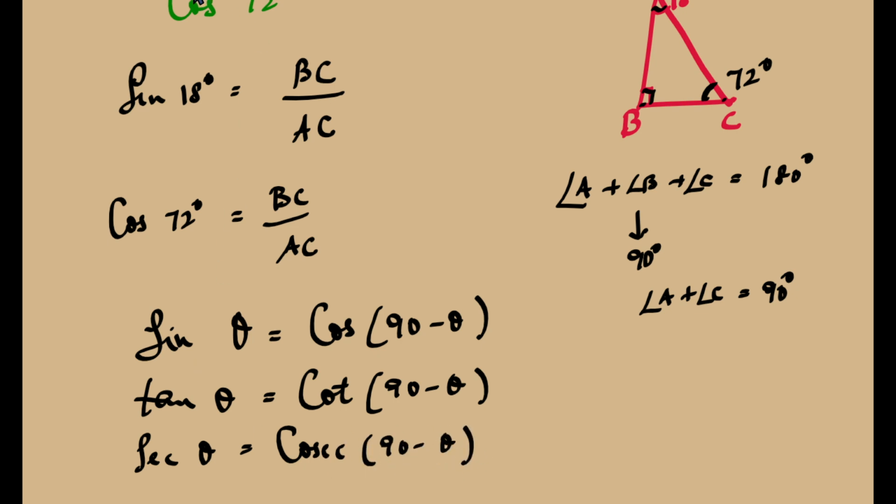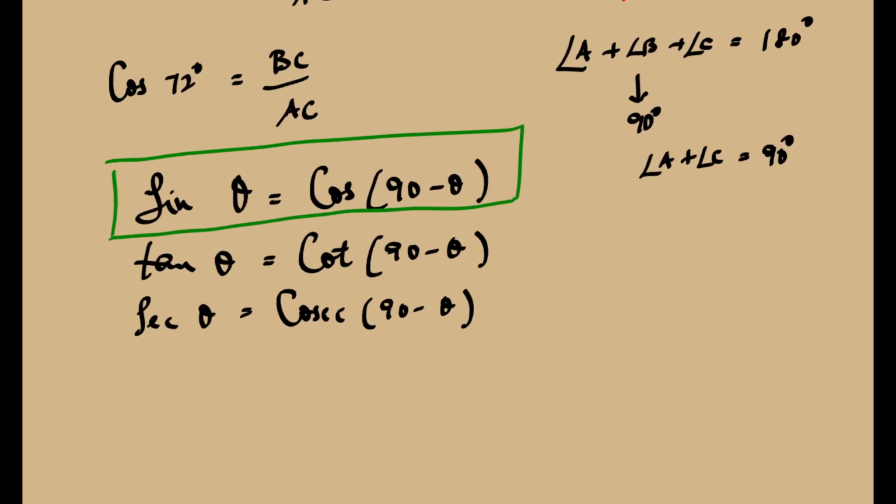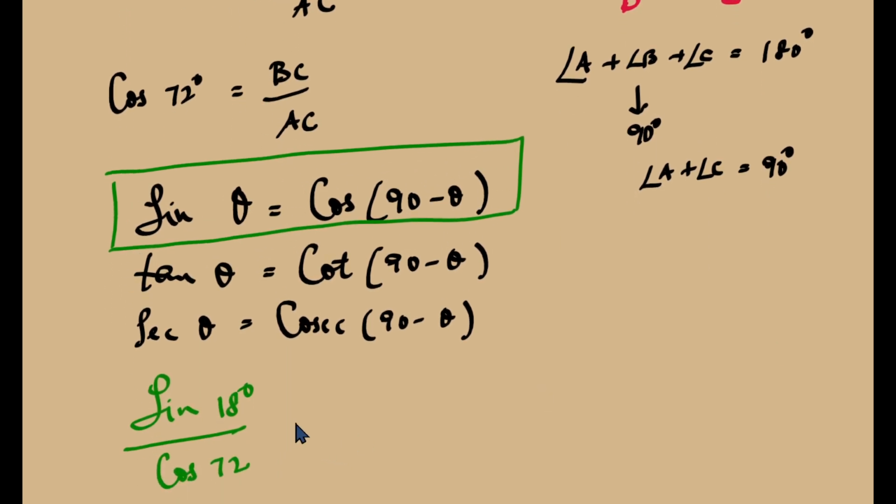Now let us use the first one for evaluating the sum which has been given to us. Let's use this: sine theta is cos of 90 minus theta. So let me rewrite the sum here. The problem given to us was sine 18 by cos 72, and we've already seen that 72 and 18 are complementary angles, so we can easily apply this one. So sine 18 by cos 72 can be expressed as cos of 90 minus 18, right?